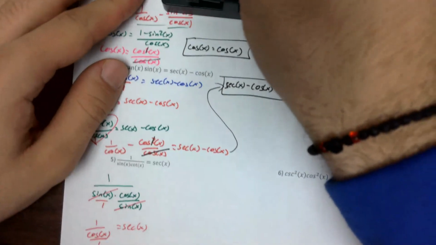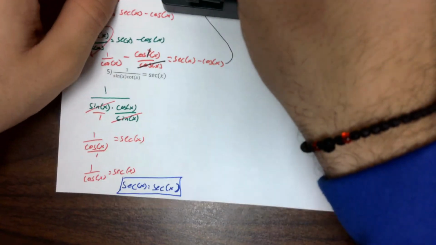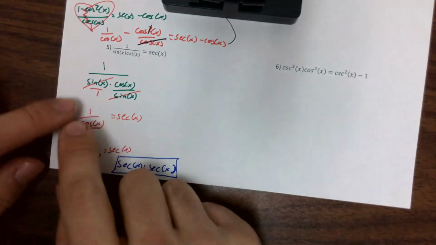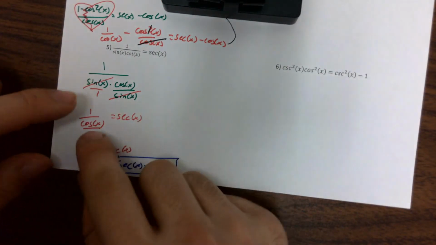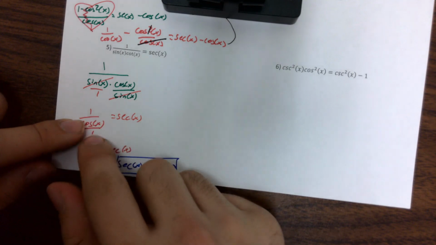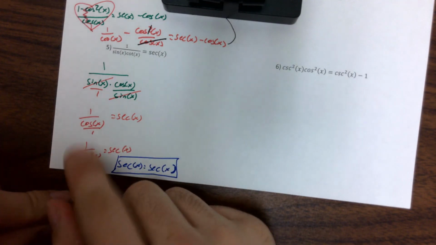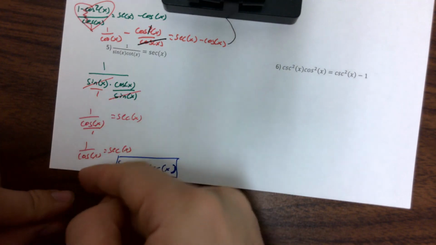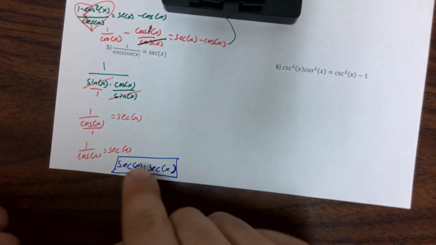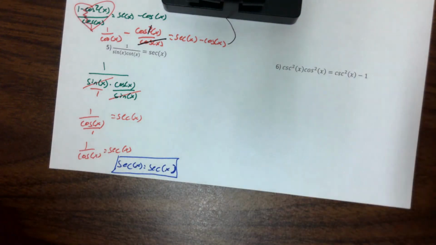Sorry, the bottom wasn't cut off. Here we go. These sines cancel out, so I have just 1 over cosine over 1, but cosine over 1 is just going to be cosine. So I am left over with that numerator 1 over cosine, and 1 over cosine is just secant. So I have secant is equal to secant, which is what I needed.